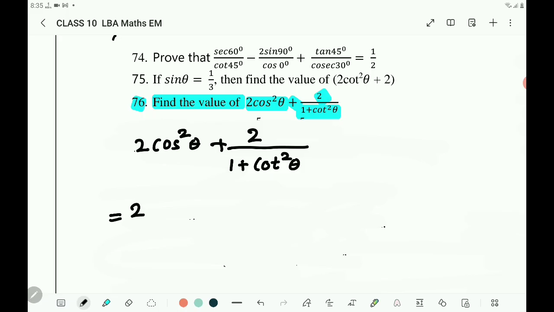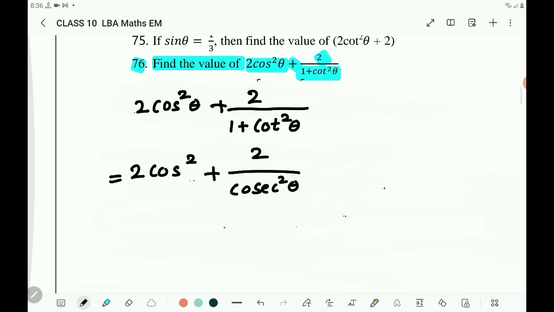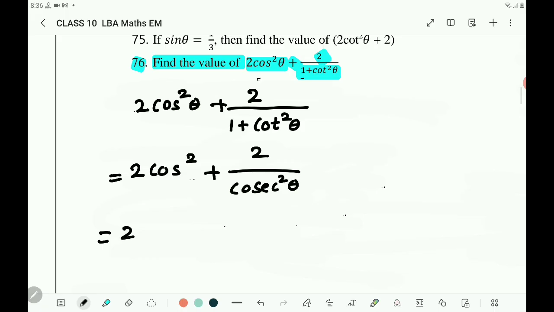Then you write 2 cos square theta as it is plus 2 by 1 plus cot square theta, which is cosec square theta. That equals 2 cos square theta as it is plus, here transfer this cosec to the numerator, it becomes its reciprocal sin.